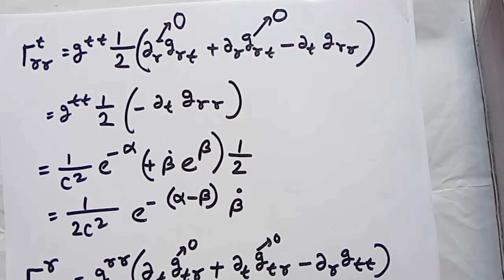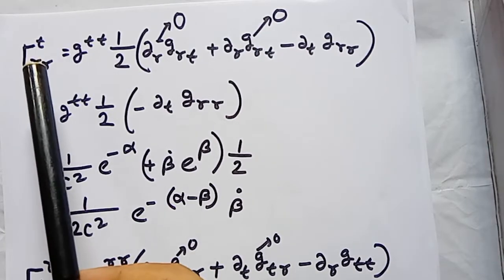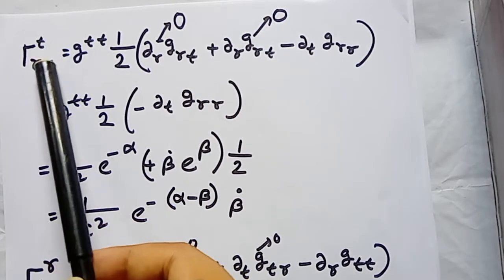Similarly we derive another component of the Christoffel symbol, gamma t rr.